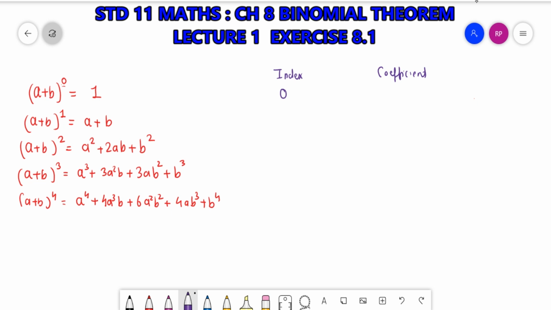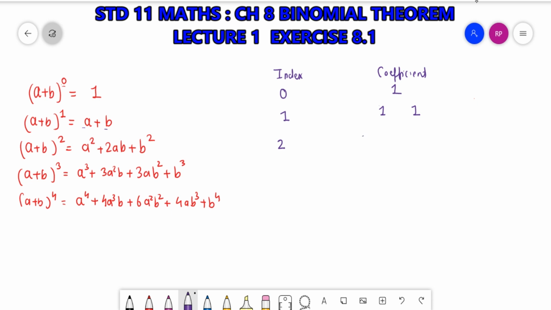We have neither a nor b, so I will write down only 1. When the index is 1, it's 1a plus 1b. When I take the power as 2, it will be 1a square plus 2ab plus 1b square.